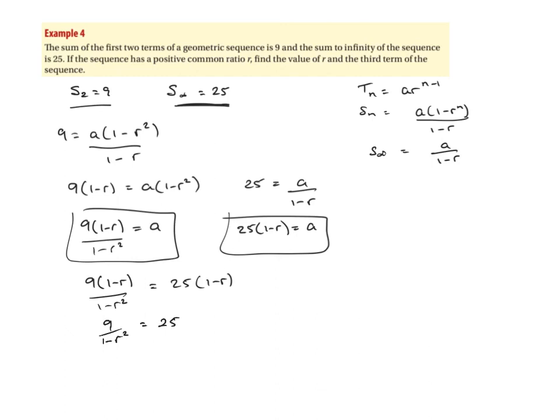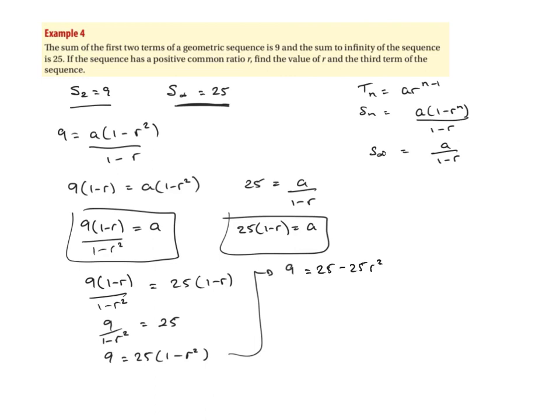Take the (1 - r)^2 across, we get 9 is equal to 25(1 - r)^2. We then multiply that out to get 9 is equal to 25 - 25r^2, and take the 25 across.